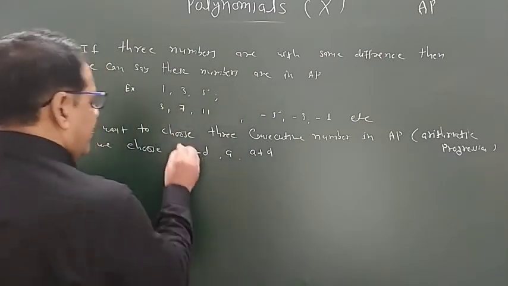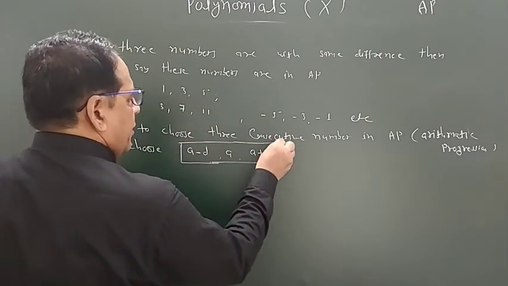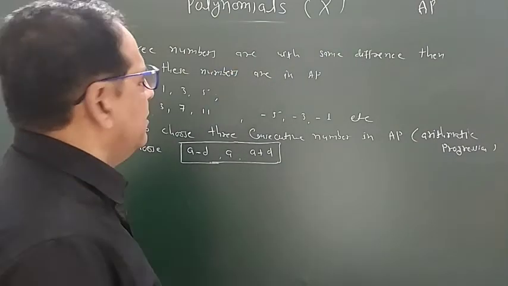So these are the three consecutive numbers we can choose in the questions based on arithmetic progressions in polynomials.